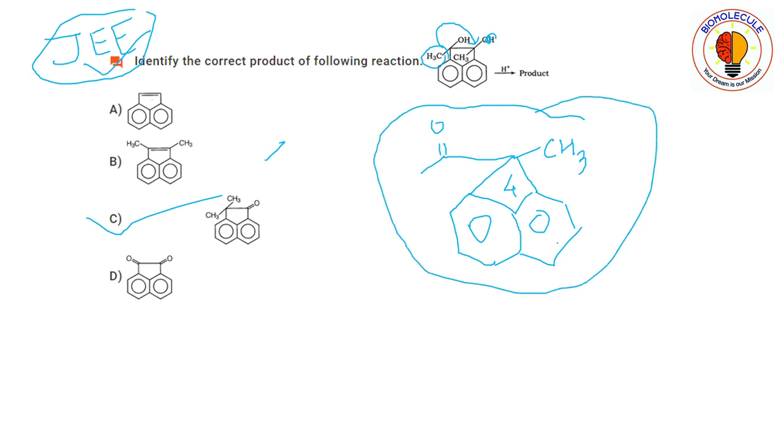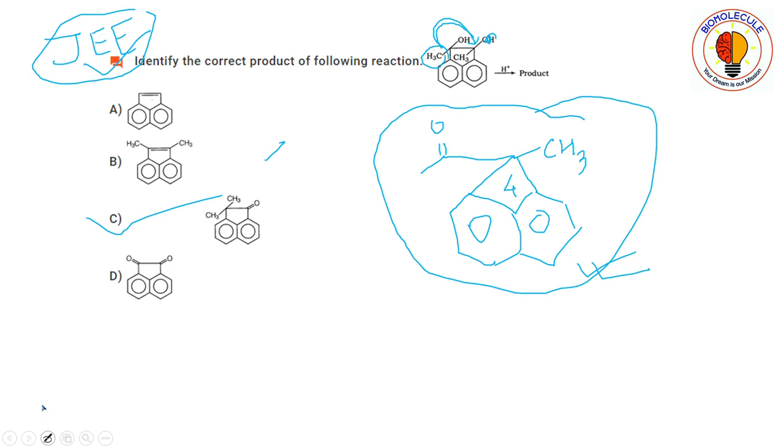Because the final product will be this one, and in this one a four membered ring forms, and four membered ring is very unstable. Four membered ring is very unstable, so this product is not forming. This naphthyl group is not migrating, whereas this methyl group migrates, okay.